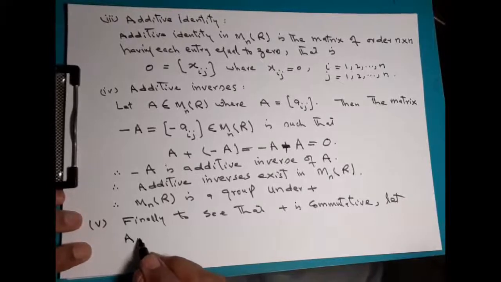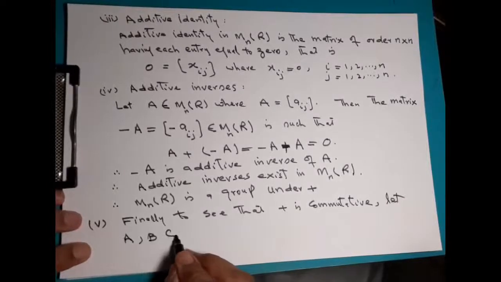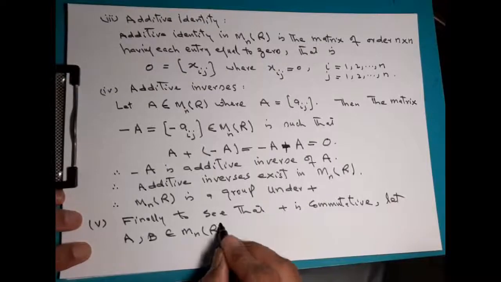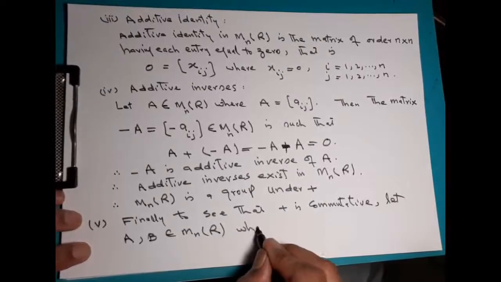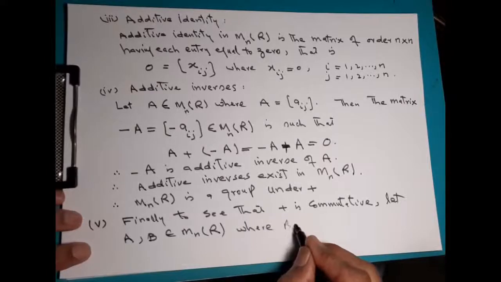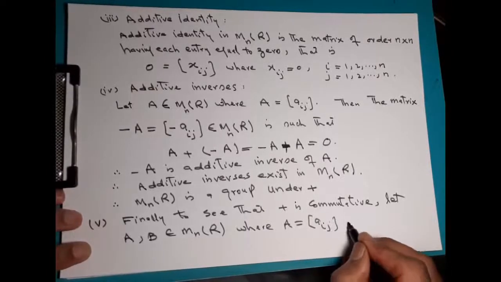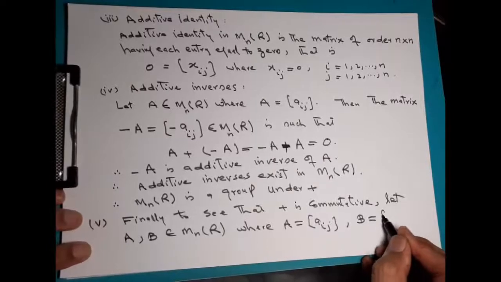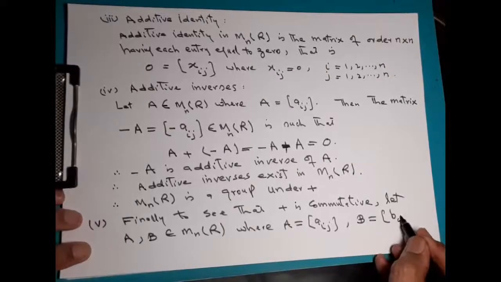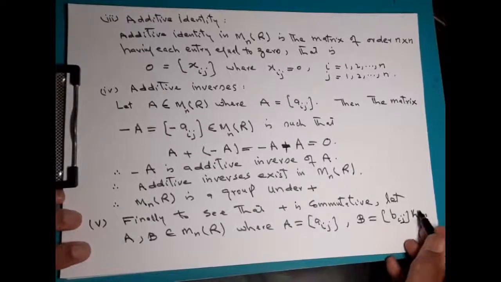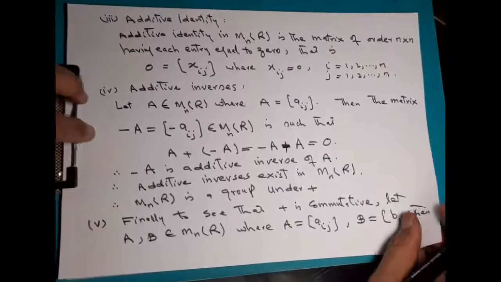Let A, B belong to MnR, where A is equal to this matrix Aij and B is equal to this matrix Bij as usual. Then let's add matrix A with matrix B first.